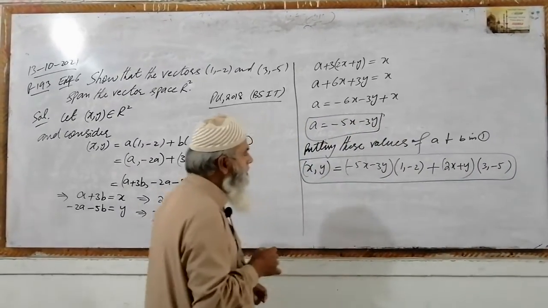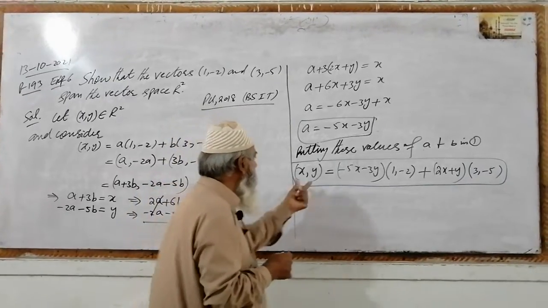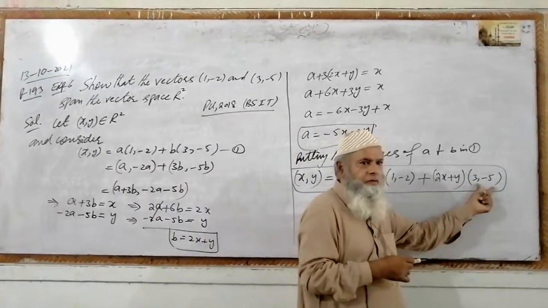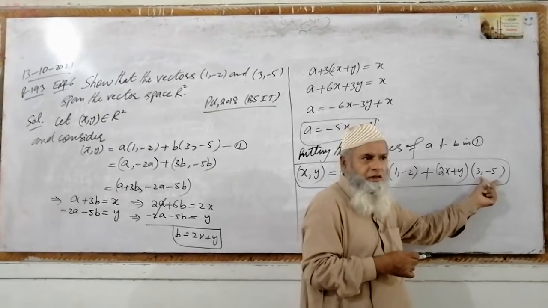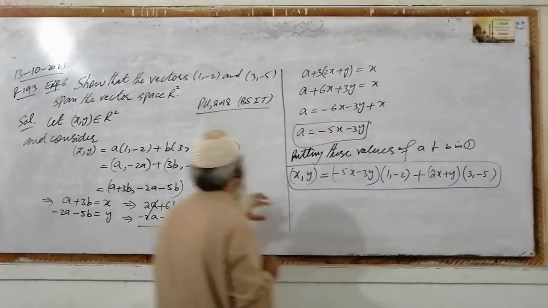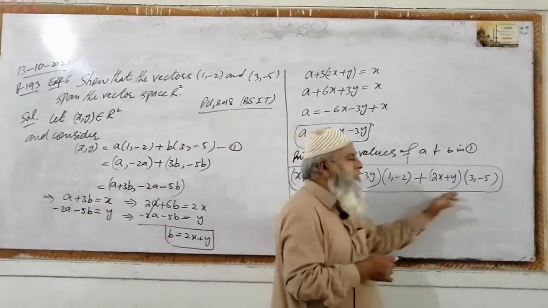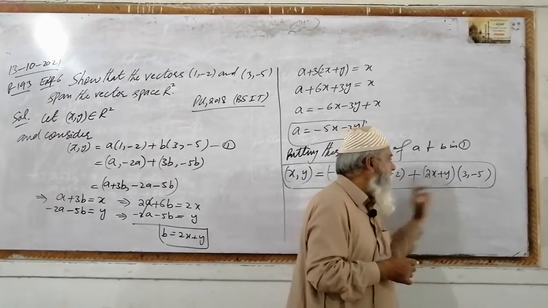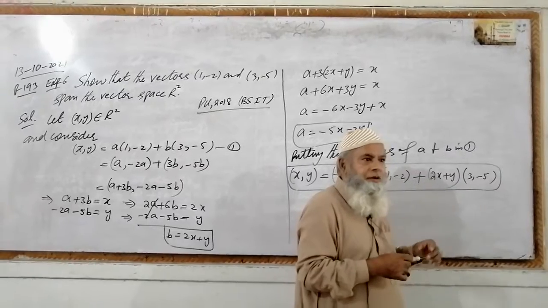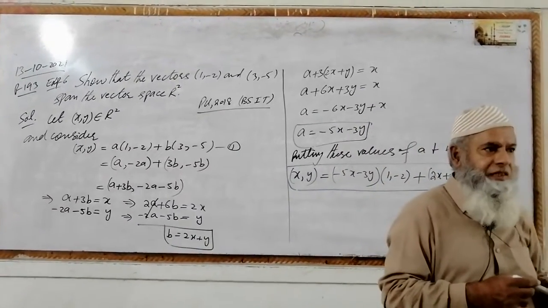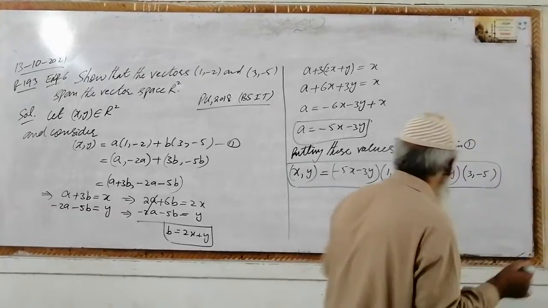We have succeeded in writing (x, y) as a linear combination of (1, -2) and (3, -5), and this gives us the result that every vector of R square can be expressed as a linear combination of these two vectors. Consequently, R square is spanned by the given vectors. This is what we have to prove.